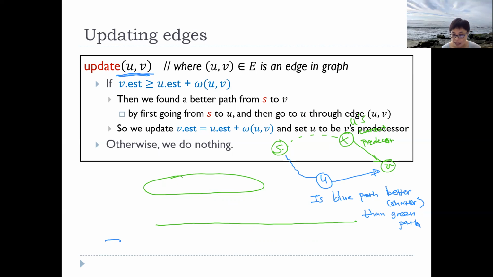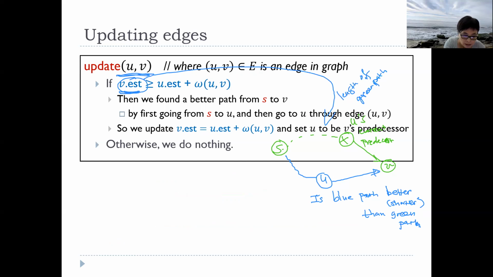I basically ask, what is the length of the green path? The length of the green path is simply the current estimate. The green path is the current estimated shortest path, and its length is simply what I currently estimate, V dot estimate. And what is the length of the blue path?